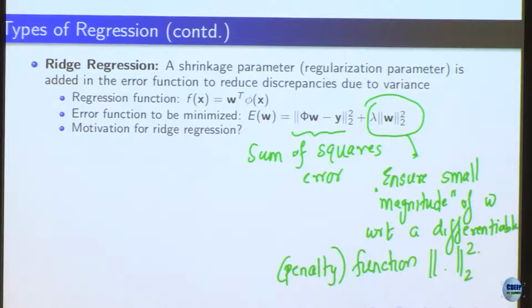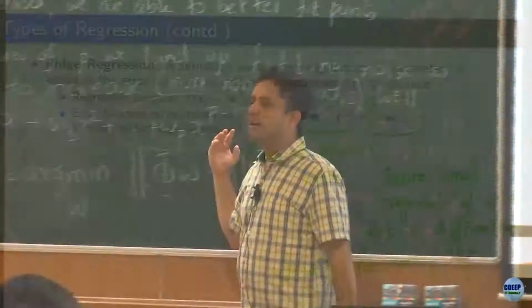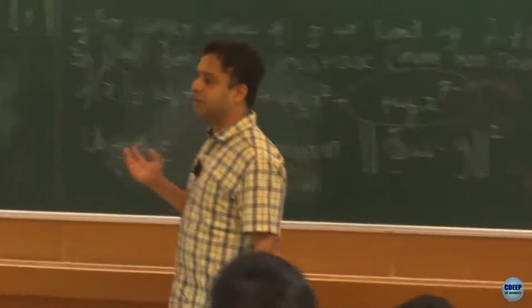We also refer to this as a penalty function. Later on, we'll often use omega to denote an arbitrary penalty function. Okay, so hope this simple motivation is clear. What is the motivation? As you increase the degree, you are letting multiple W's become non-zero.